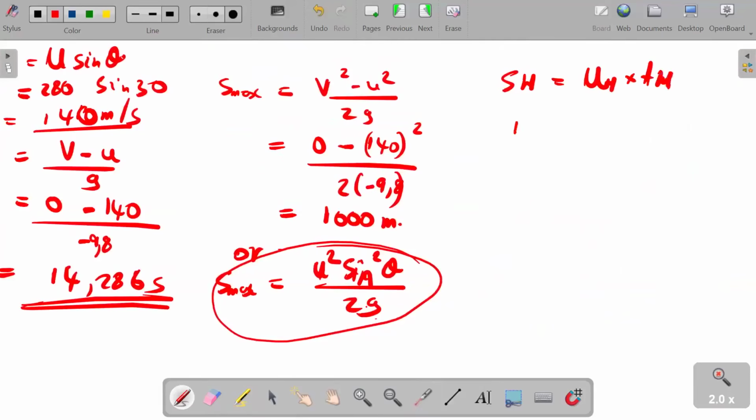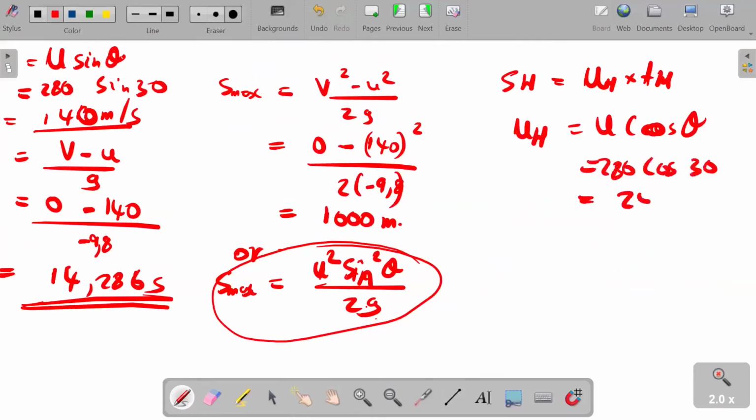So we need to first calculate UH, the horizontal initial velocity. It's given by U cos theta. This is the formula. So we can safely say 280 multiplied by cos 30, and that gives us 242.487 meters a second. That's UH, right?